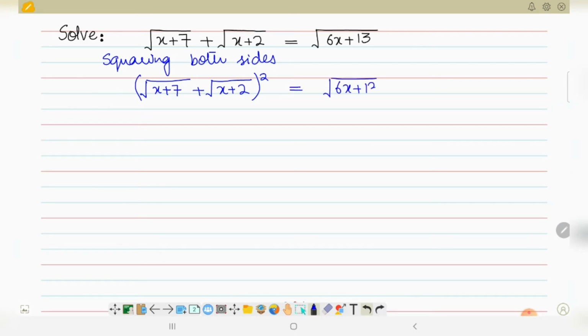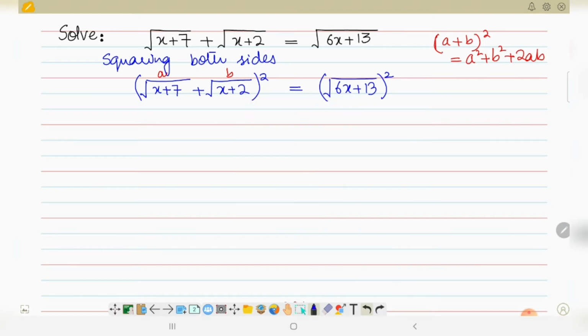Now here on the left hand side, if you see, we have a plus b whole square, the first algebraic identity: a plus b whole square is equal to a square plus b square plus 2ab. Here instead of a we have square root of x plus 7, instead of b we have square root of x plus 2.